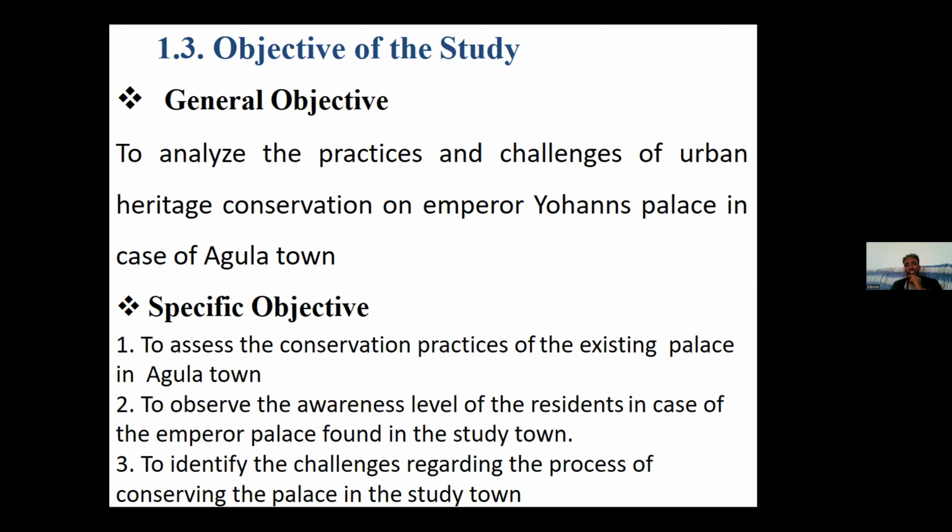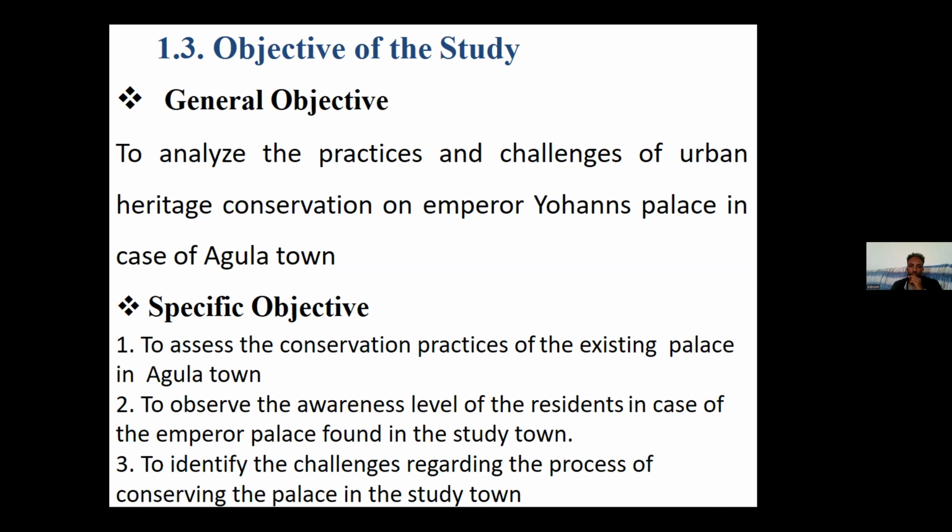The objective of this study is to analyze the practice and challenges of urban conservation on Imperial Yohannes Palace in the case of Agulae town. We have specific objectives. The first is to assess the conservation practice of the existing palace. The second is to observe the awareness level of the residents regarding the Emperor Yohannes Palace.